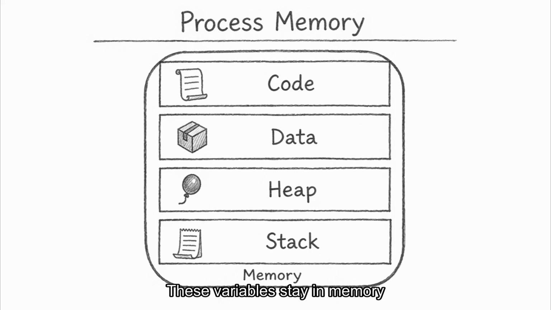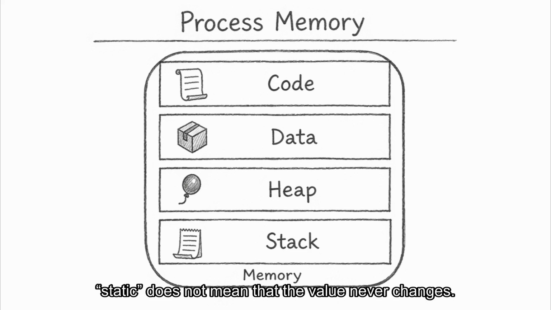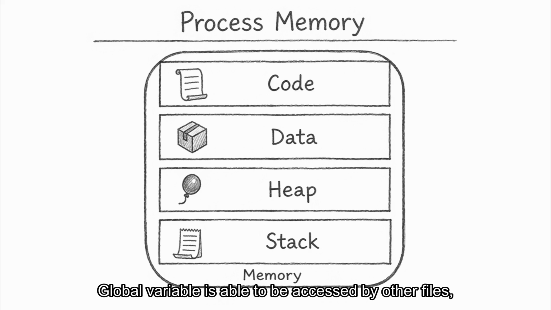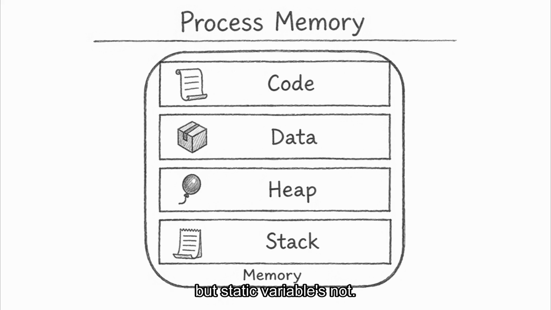These variables stay in memory for the entire execution of the program. Here, static does not mean that the value never changes. It means that the variable takes up memory space while the program is loading. There's something different between static variables and global variables. The global variable is able to be accessed by other files, but static variables are not.